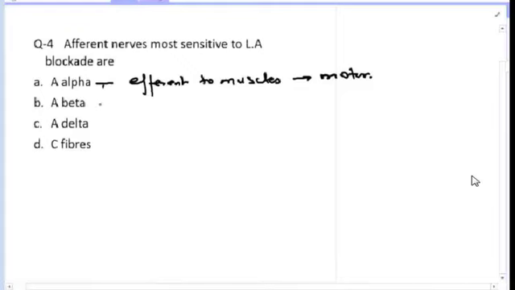On the other hand, A beta fibers are afferent from skin and joints, and they basically mediate tactile and proprioception.